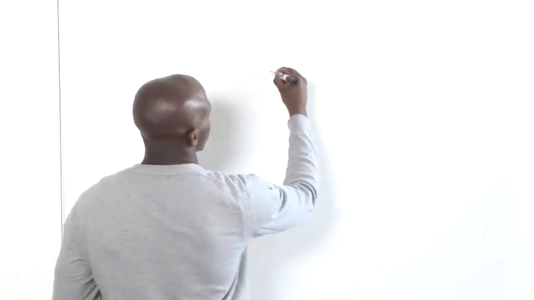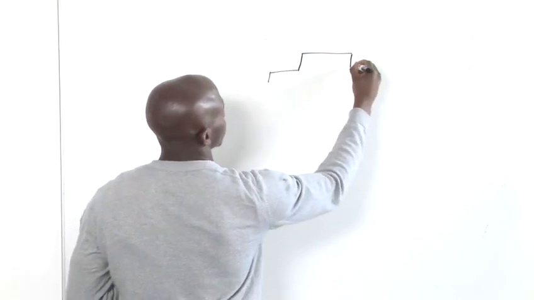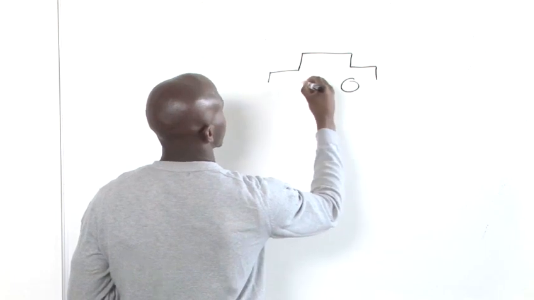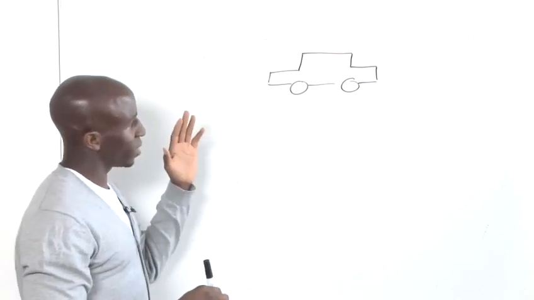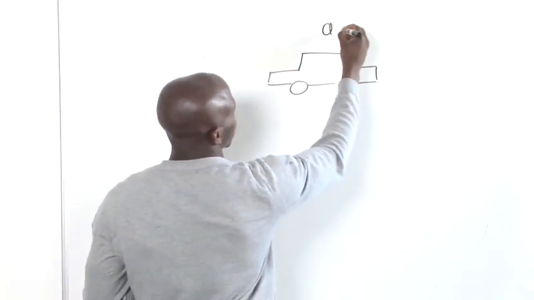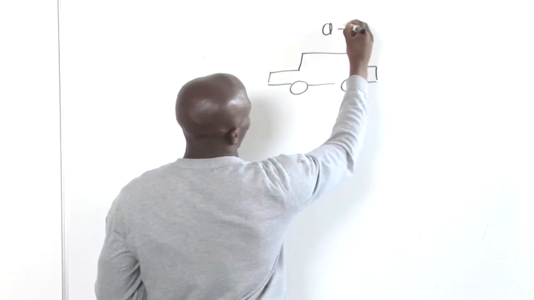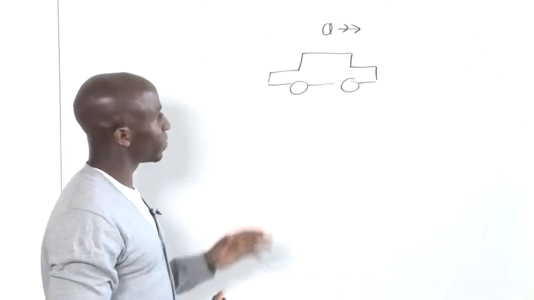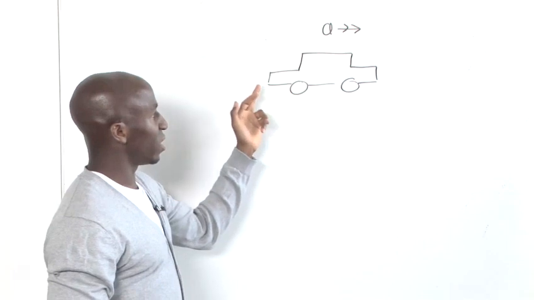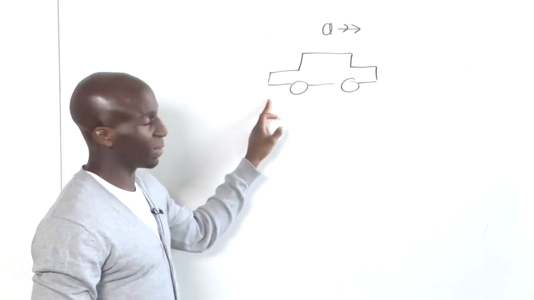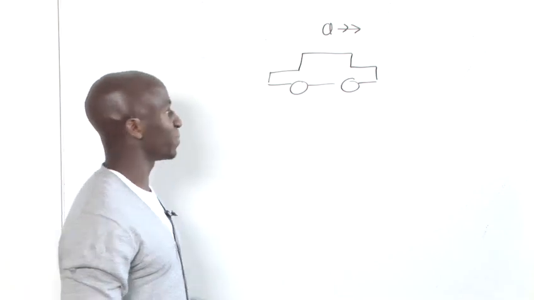First of all, you have to understand the variables involved. You might have to deal with a car, and the acceleration is denoted by A. As well, the two things that you physically have are the initial velocity that it moves at and the final velocity that it moves at.